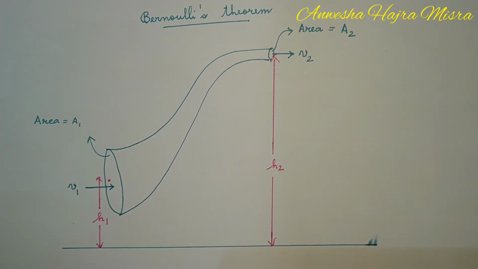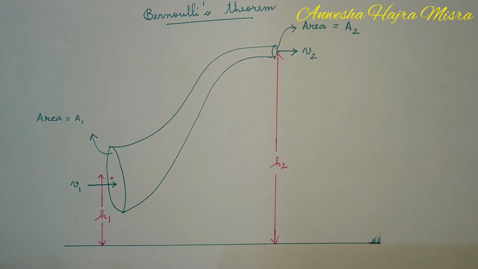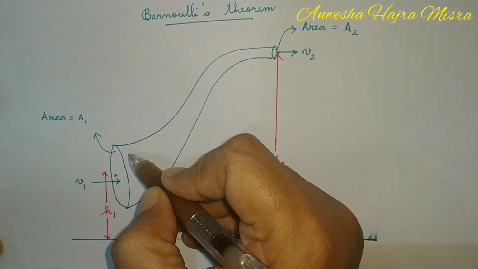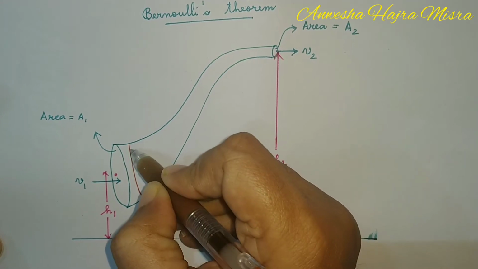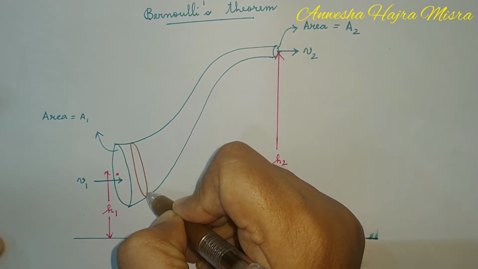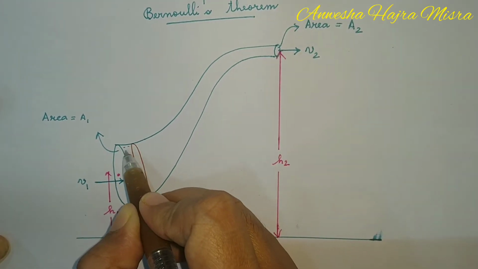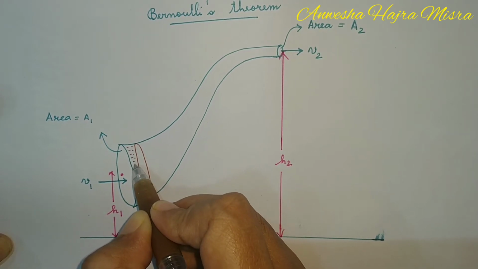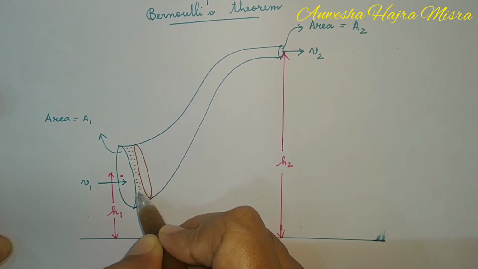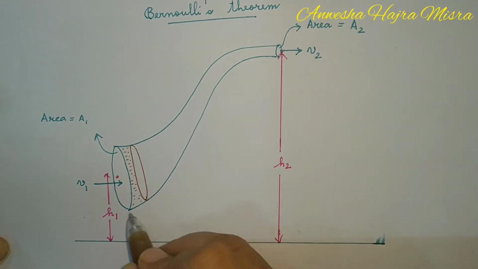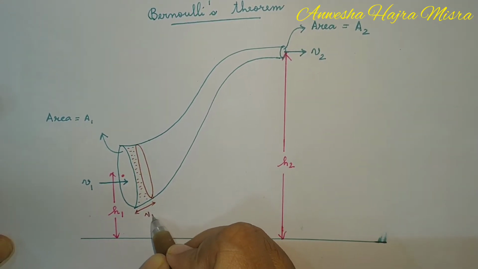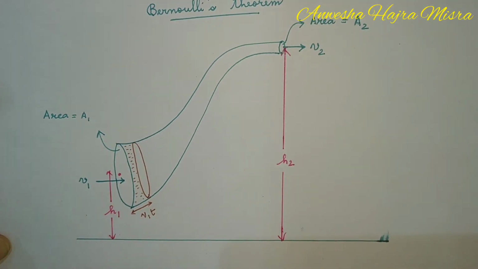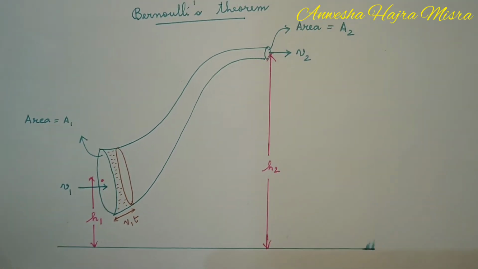Now liquid is moving. We assume a small time interval t, and within this small time interval we assume this area remains the same. So in small time t, the liquid which moves inside is v1t. The depth is v1t.